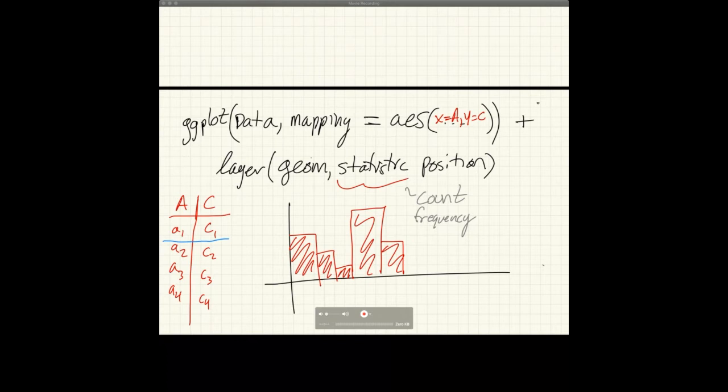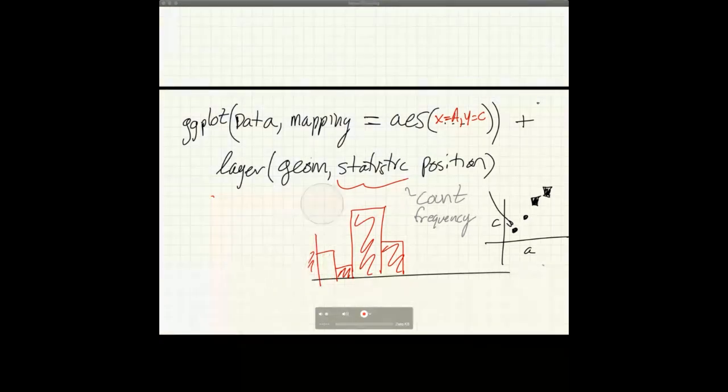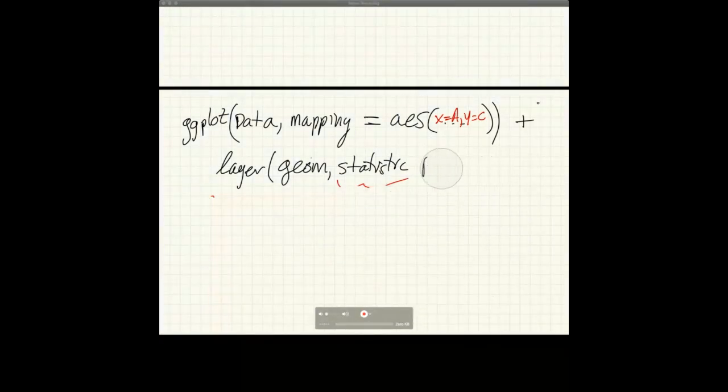In the case of a scatter plot, where we have our circles and our squares, the position becomes the statistic. So we just put the point at its unique value of A and C. Now, since this article was written describing the theory about how all these components relate to one another in layers, we've kind of made this a little simpler.